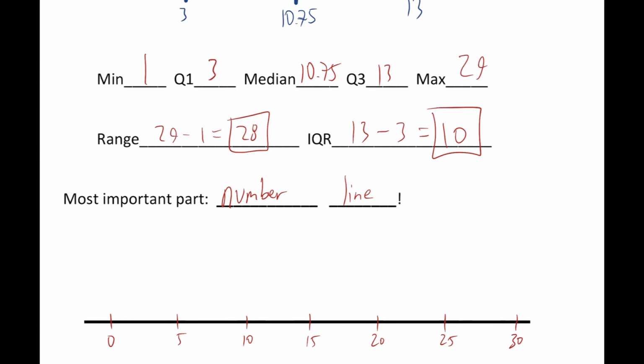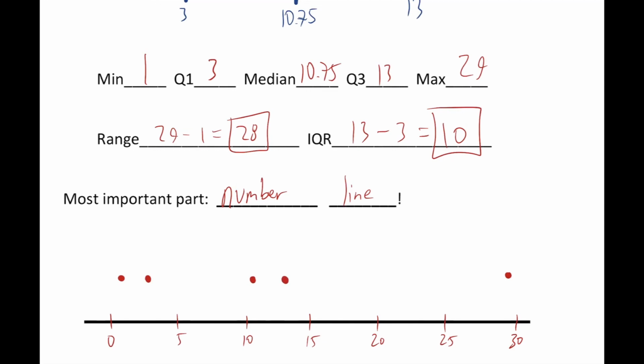All right, so step 1 was to go ahead and draw my number line. Step 2, plot my 5-number summary. So I have a 1, and on the other side, a 29, a median of 10.75, a Q1 of 3, and a Q3 of 13.